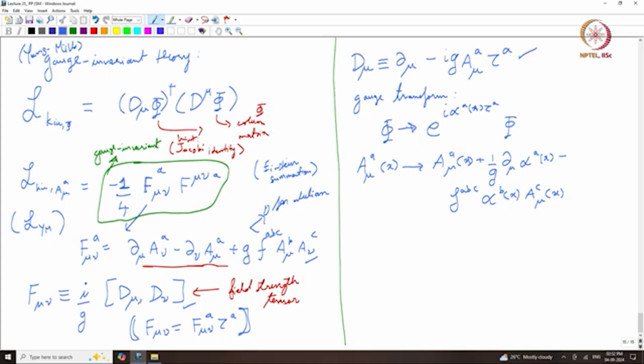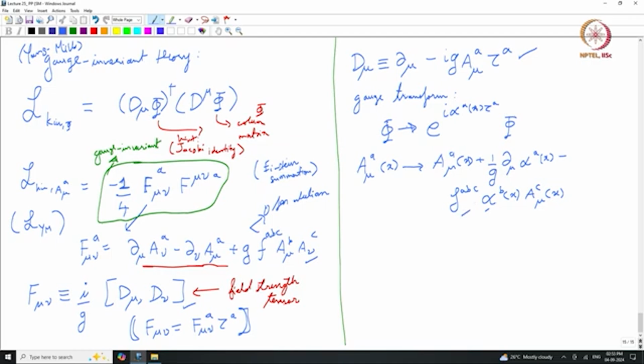Okay, notice how non-trivial this is. The Lorentz index is carried two times by the field and once by the derivative. Earlier we saw it was carried once by the field and once by the derivative, right? But when the second time it appears, it actually picks up the gauge. Alpha is the gauge parameter, which helps you describe the field in a different way. And of course, it also comes with the structure constant.